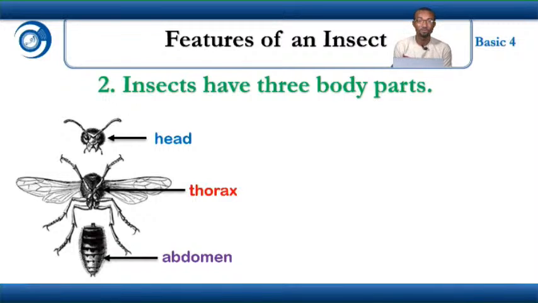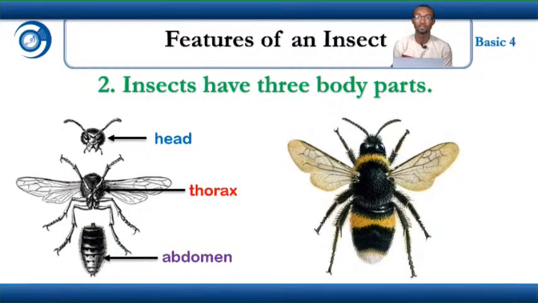The last part of the insect is known as the abdomen. So all insects have 3 body parts: head, thorax, and abdomen. Let's look at an example of a bee.